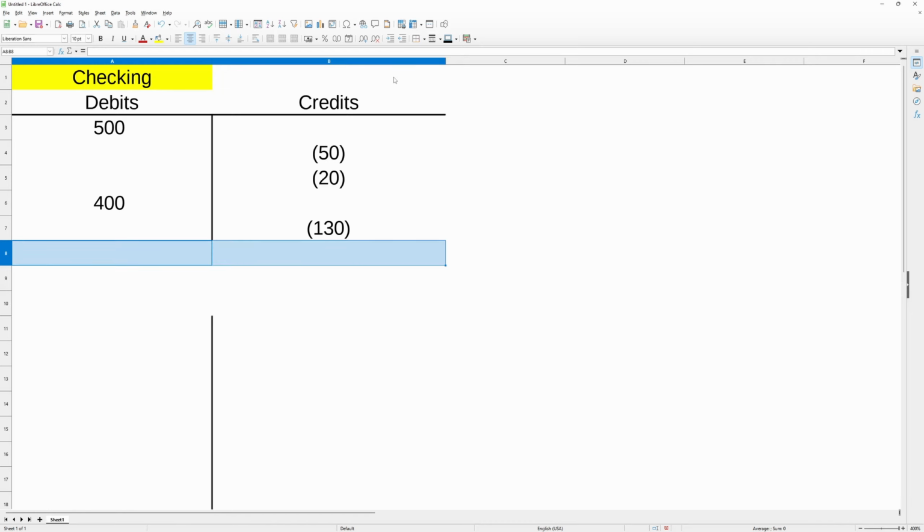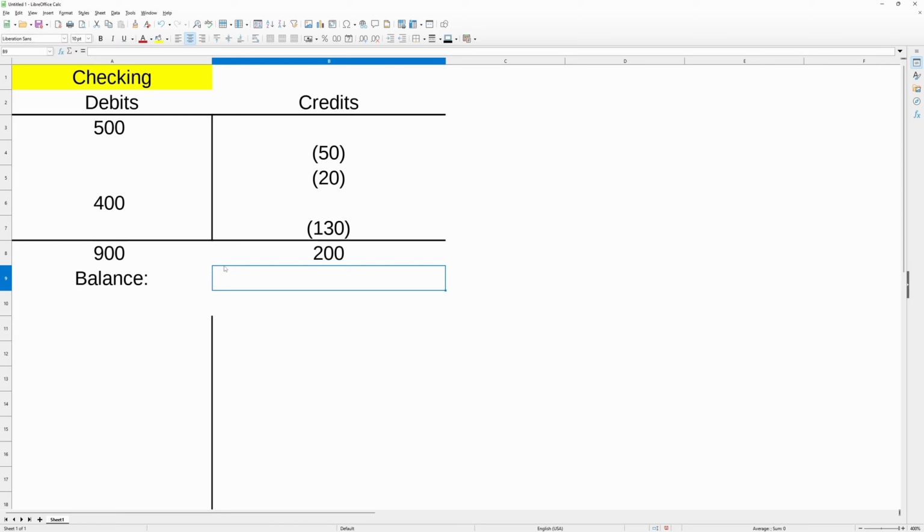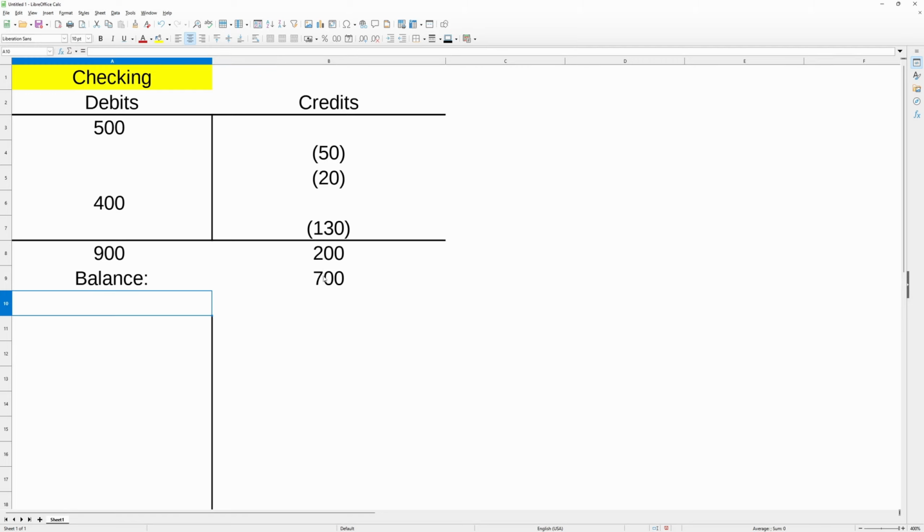We'll mark that off, and we will see right here that our total number of debits is 900 and our total number of credits is 200. So the current balance is going to be 900 minus 200, which is going to give us a balance of $700.